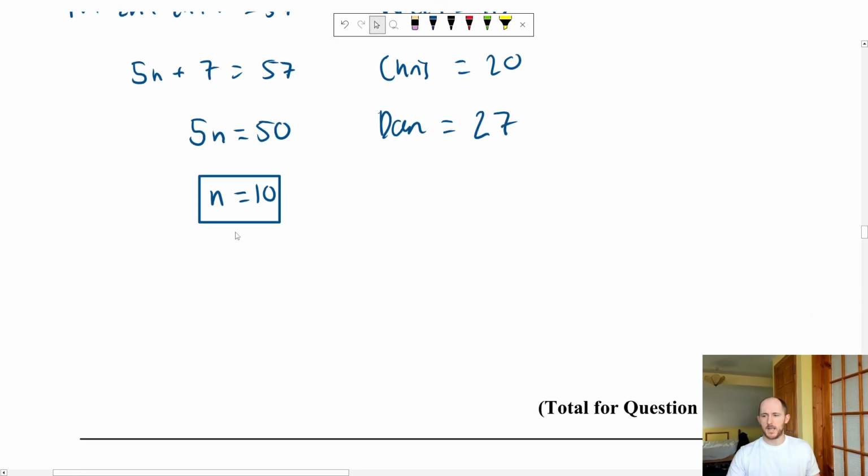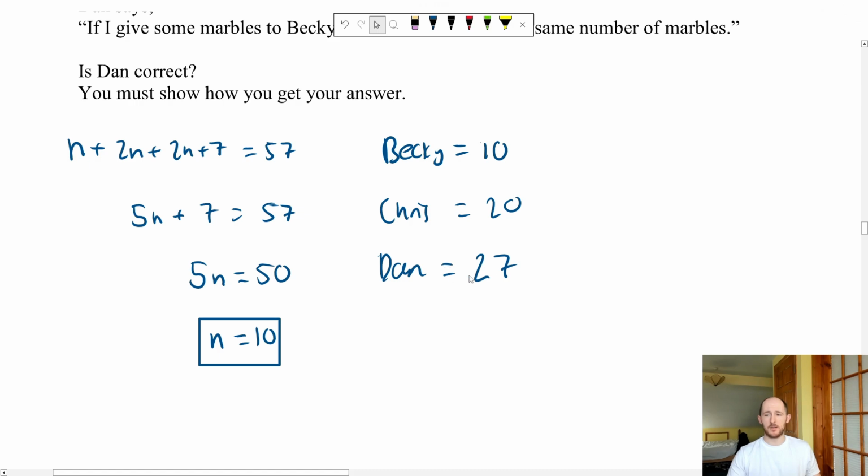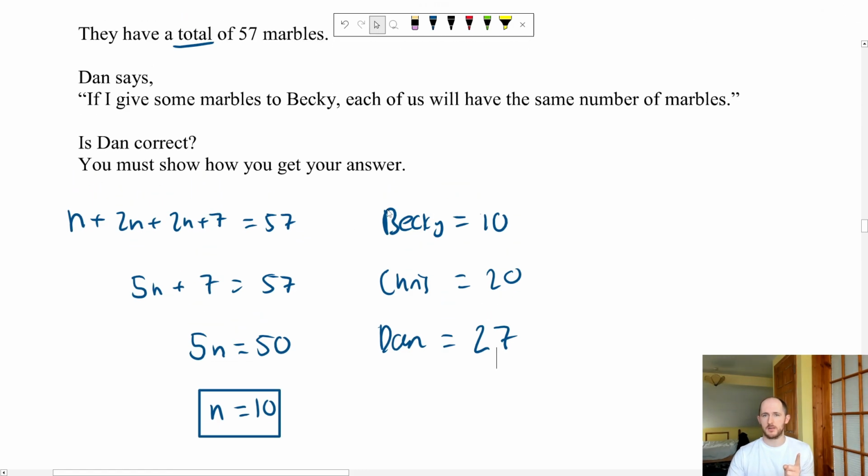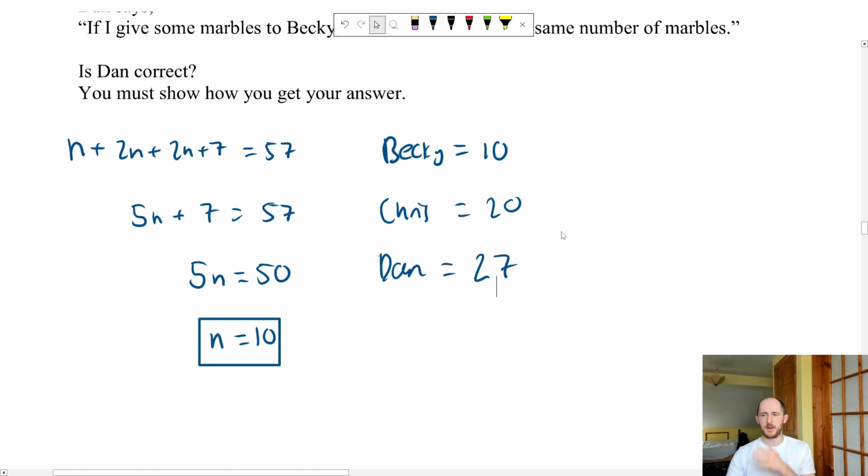Okay. Cool. So now we can work out, can Dan, again, remember, Chris's marbles will not change. It says Dan, so Dan is saying I, so Dan gives marbles to Becky, each will have the same number. Well, that means they would all have to have 20 marbles, right? Because Chris's number isn't going to change. For Dan to get to 20, he has to give away 7.